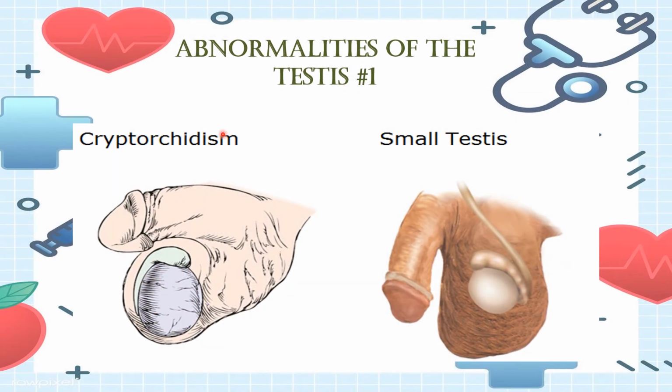Okay, moving on to the abnormalities of the testes. We have here cryptorchidism. In cryptorchidism, the testis is atrophied and lies outside the scrotum, in the inguinal canal, abdomen, or near the pubic tubercle.